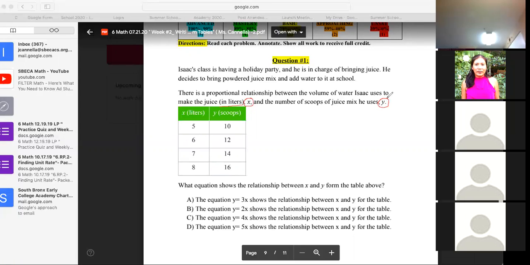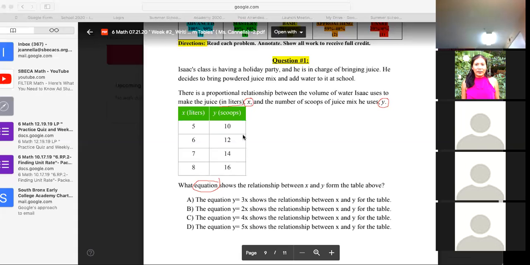There is a proportional relationship between the volume of water Isaac uses to make the juice in liters, X, and the number of scoops of juice mix he uses, Y. What equation shows the relationship between X and Y from the table above?